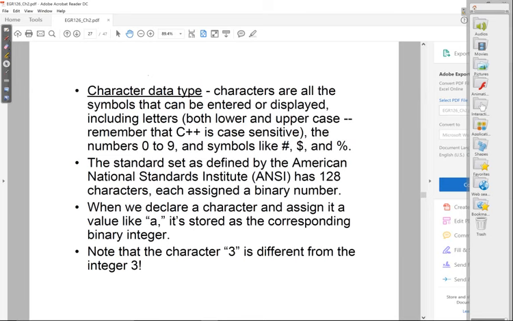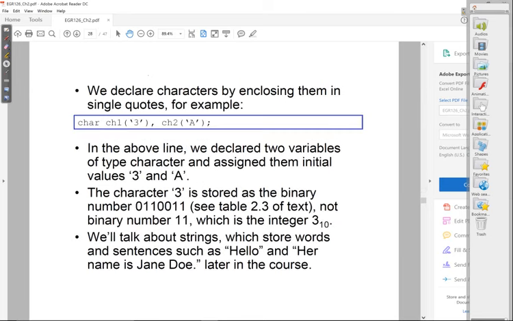So how do you declare something as a character? It's char. Some people call it char. So char, and then you give a name, and then the way you assign a value is you have to put the character in single quotes.